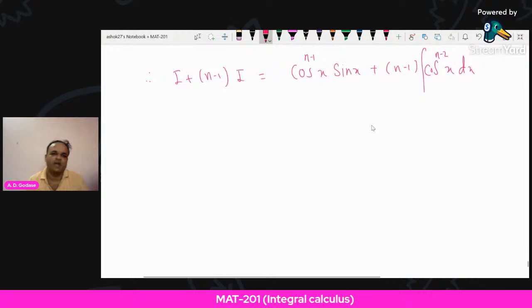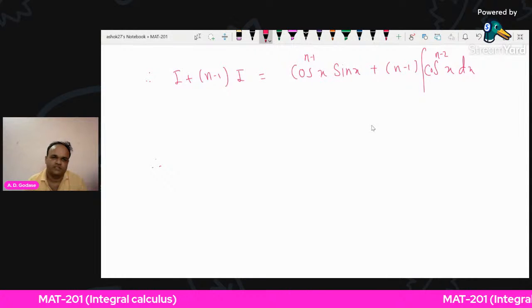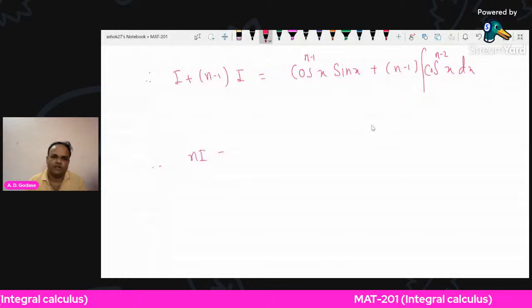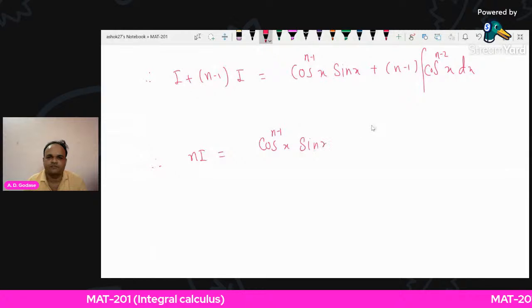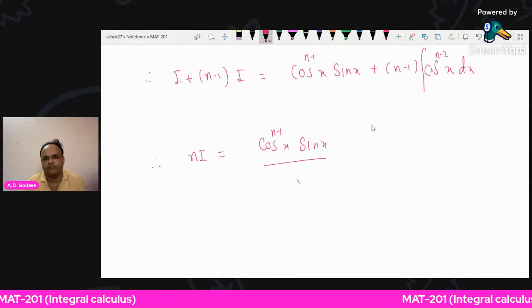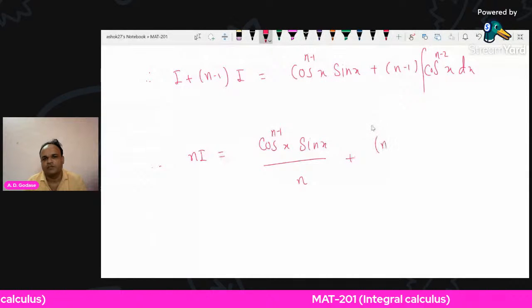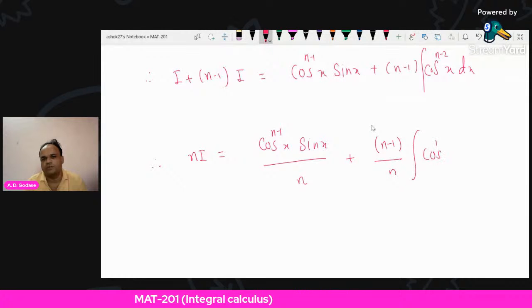So this term I plus n minus 1 into I is nothing but just nI. So you can divide the whole equation by n, so it implies cos raised to n minus 1 x into sin x whole divided by n plus n minus 1 divided by n, and it is integration of cos raised to n minus 2 x dx.